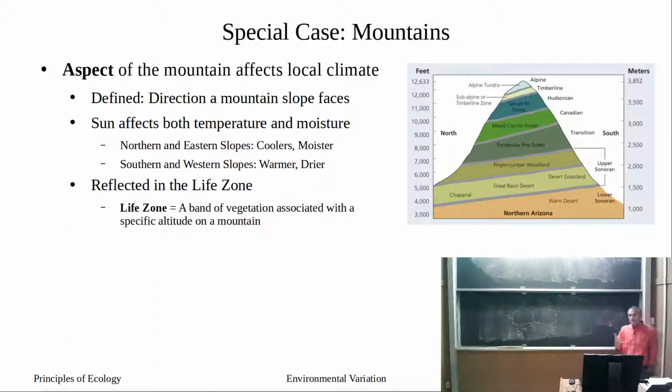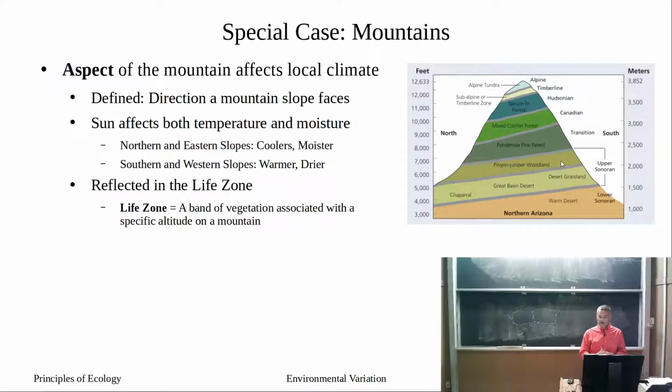What we see is that with these life zones, our banding pattern is at a different elevation depending on which side of the mountain we're looking at. In general, our life zones tend to be lower on the north slope than on the south slope. The reason is that the south slope receives much more sun than the north slope, so in general the south-facing slopes are going to be much warmer.